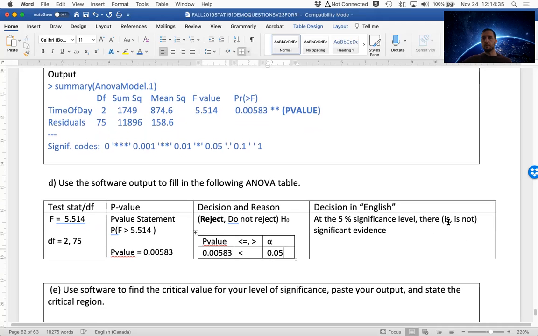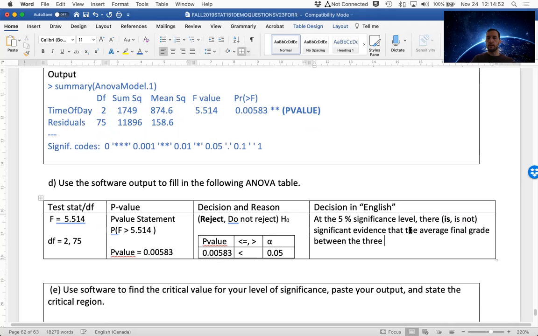So at the 5% significance level, there is significant evidence that at least 2 of the average final grades between the 3 lecture times are different.